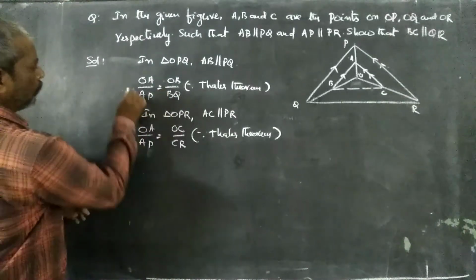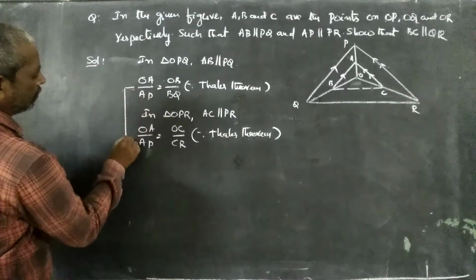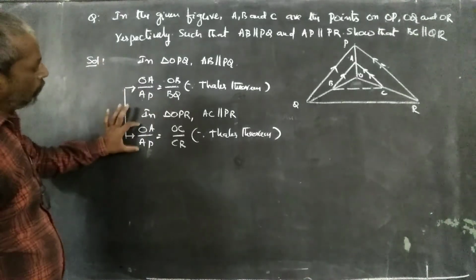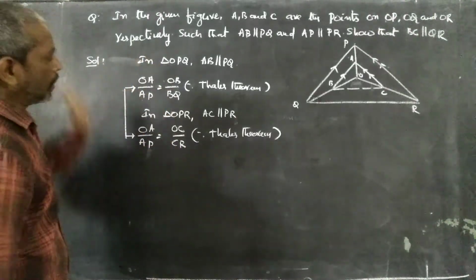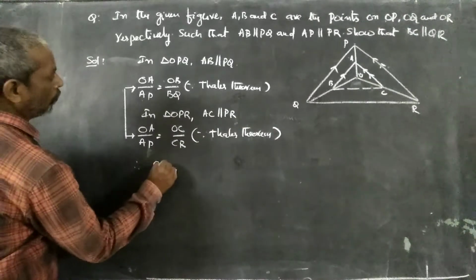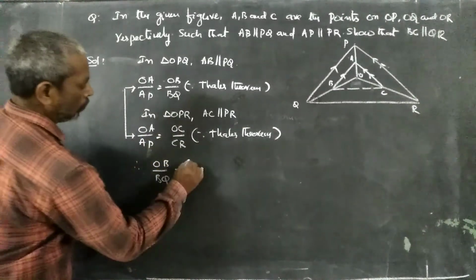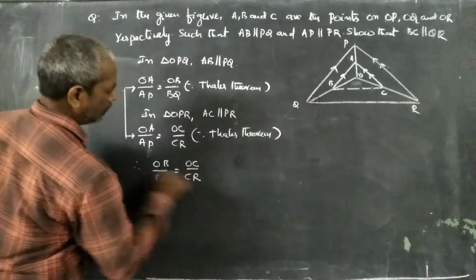Now, from these two equations, we observe LHS is equal, therefore RHS is equal. Therefore, OB by BQ is equal to OC by CR.